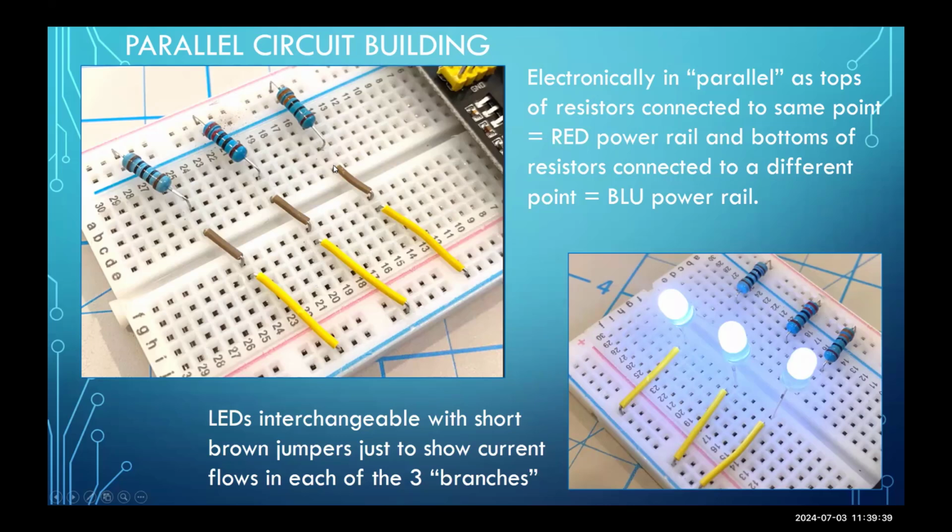Or my brown jumper may be one pin off from where the resistor is connected. Or I might have a misconnection down here between the brown jumper and the lower yellow wire. Or I might have a missed connection for the lower lead of the yellow jumper to the blue rail. So any misconnection here, here, or here could lead to the third LED not lighting up.